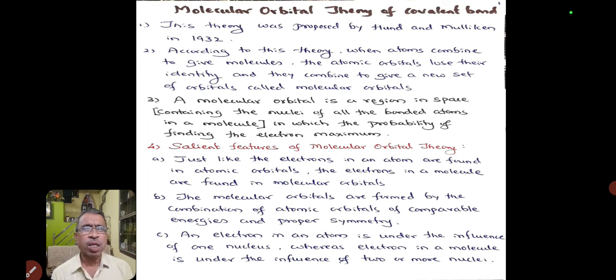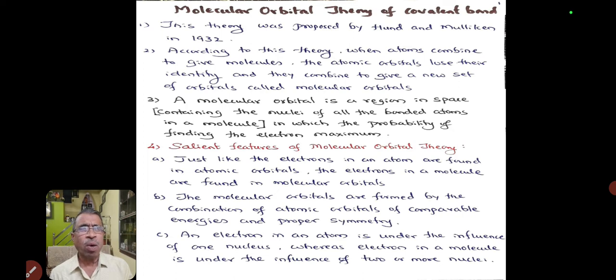The valence bond theory says the covalent bond is formed by overlapping of atomic orbitals. But this theory says that the atomic orbitals not only overlap, they combine to give a new set of orbitals called molecular orbitals.